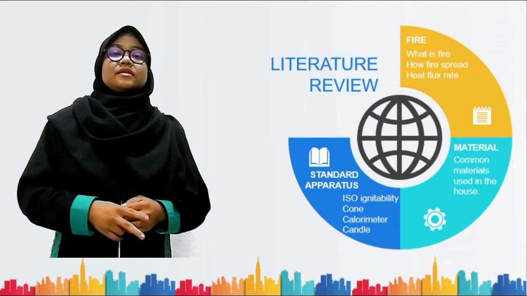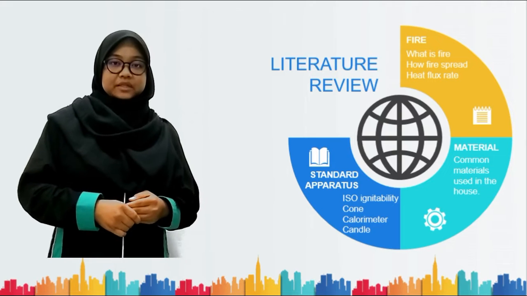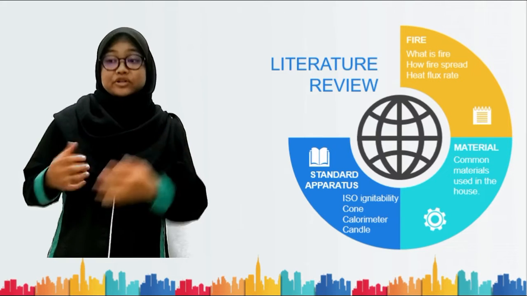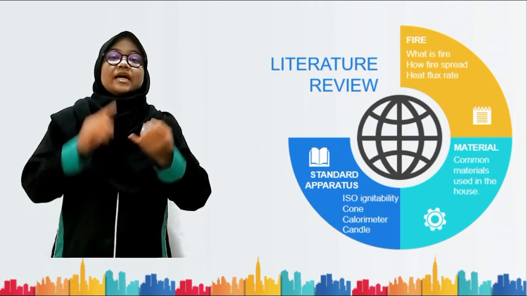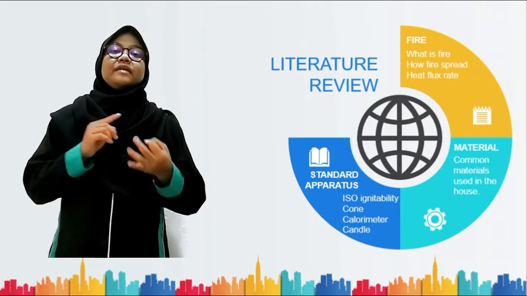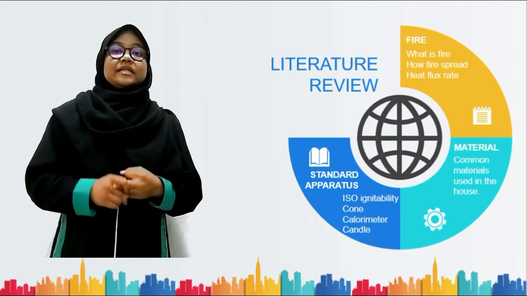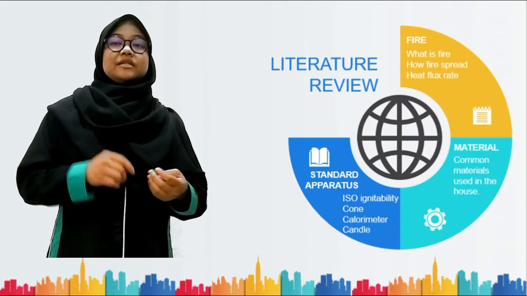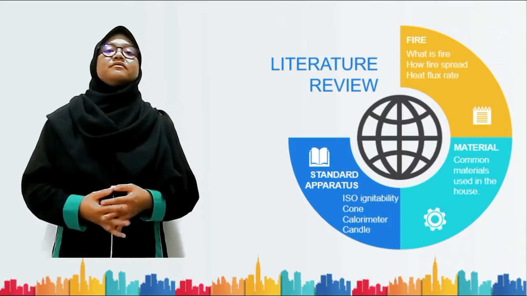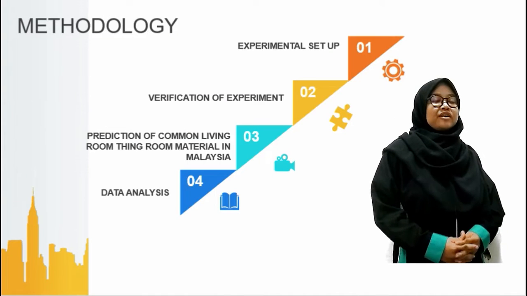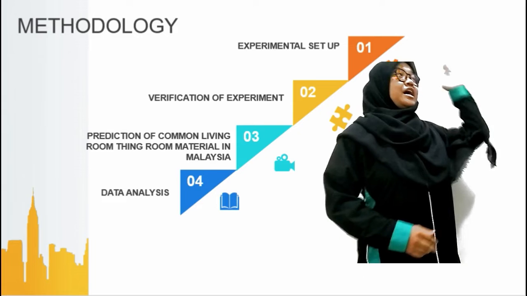The second one I study is the cone calorimeter. It is the modern one, and it can measure ignitability, heat release, and mass loss. It can give around 100 kW per meter squared.